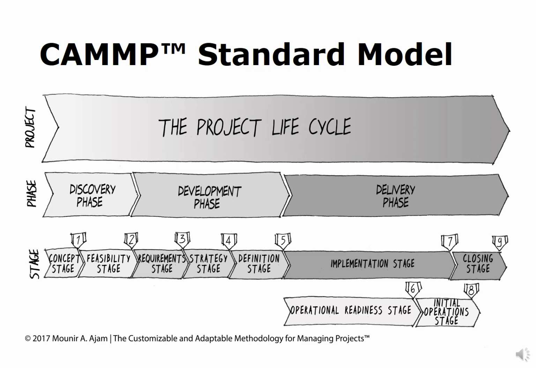Maybe we keep repeating this term, tailoring, fit for purpose, because a methodological approach in project management has to take into account the project industry, the company, the size of the project, the complexity of the project, the type of the project, among many other factors, in order for us to manage it and lead it successfully.